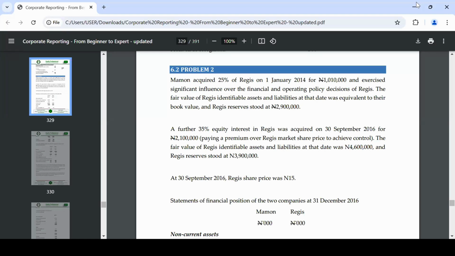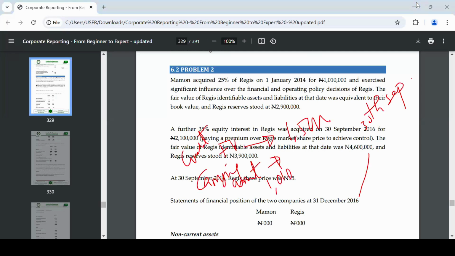But don't you forget, please pay attention to this explanation I want to give. Don't you forget that when we bought this 25%, the reserve stood at 2.9 million. Are we together? Meaning that Mammon would never have had a share in this 2.9 million. But any profit that Regis makes from that day, Mammon will have their share, 25% of the profit.